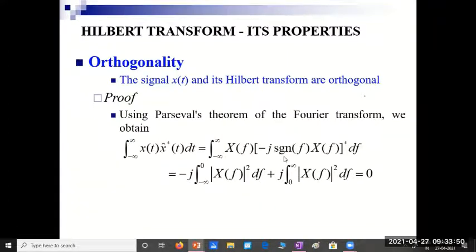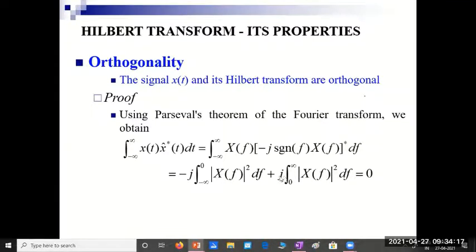Similarly, for the other half, you will have +1. You have already taken out this. It will become, let me say, minus j into +1 here. It will become again x of f into x of f conjugate, which will again be x of f whole square in terms of magnitude.